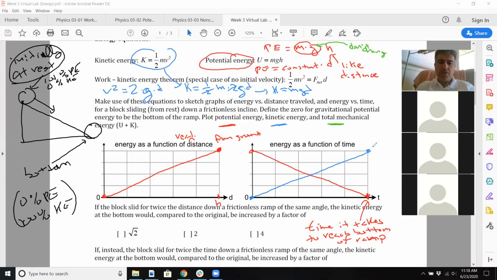Whereas when my distance is 0, when I'm at the bottom, it's obviously all kinetic energy. So it's essentially a trade-off. That's what we're noticing here.